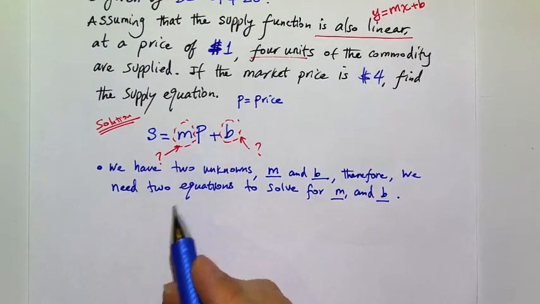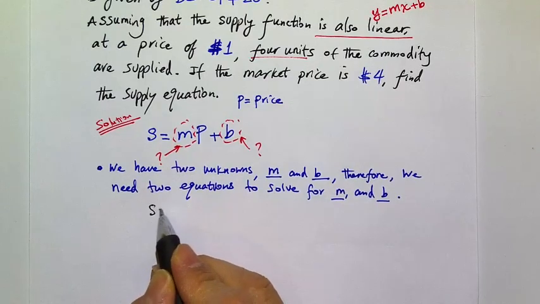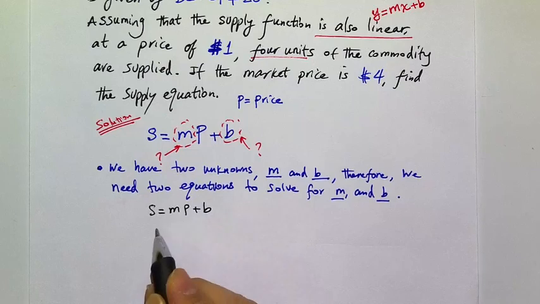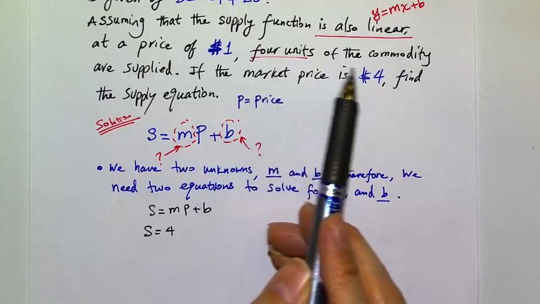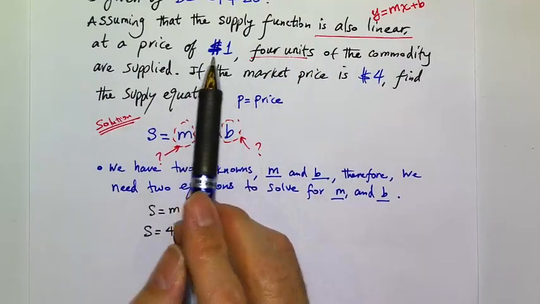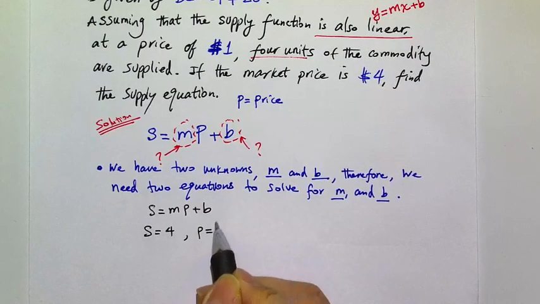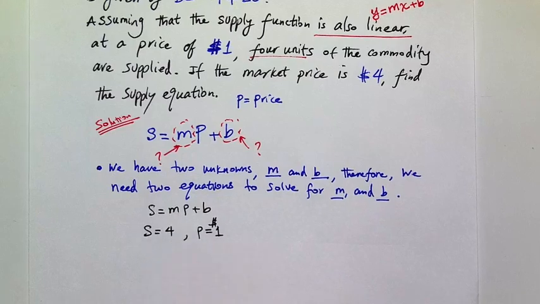We know the supply equation is S equals MP plus B, and we are told that S is equal to 4, right? 4 units of the commodity are supplied at a price of $1. So P is $1. Let's plug these two into this equation.